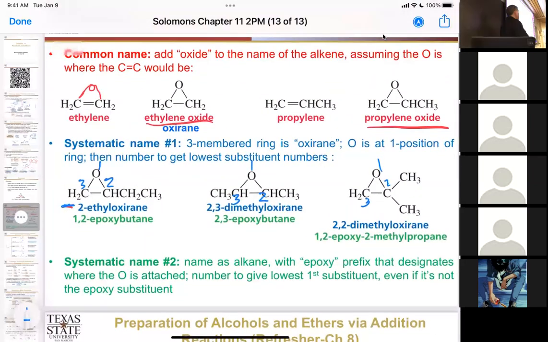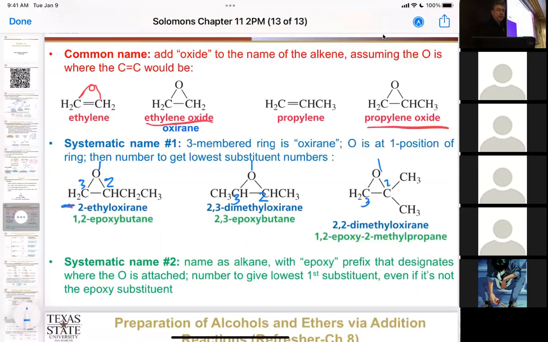If you're not going to name it for oxirane, you're actually going to have the word epoxy in there. We do it a little differently. Epoxy now becomes a substituent. Notice it's up front. That oxygen is the substituent. So what we do is we find the number of carbons in the parent chain, including the epoxy.